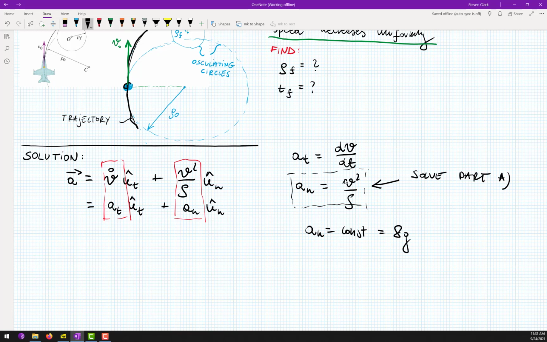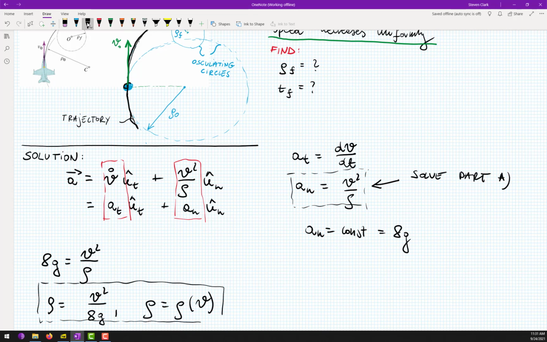So we can write 8G is equal to v squared over rho. So we basically found an expression for rho, because rho is equal to v squared over 8G. Rho, all of a sudden, is a function of velocity.